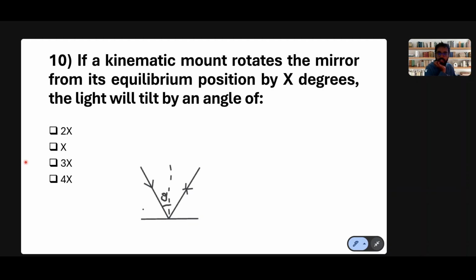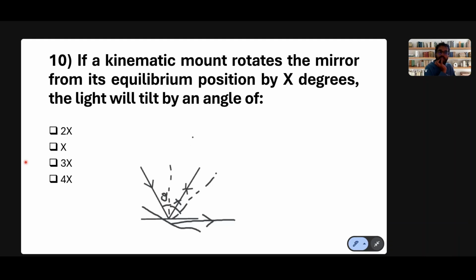So what we are doing right now is we are tilting the mirror by an angle of x degrees more. So there is a new normal, and the incident light will have a different reflected light. We know that if the incident angle is theta plus x, then the reflected angle will also be theta plus x.